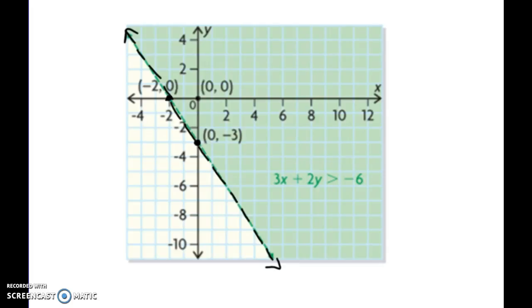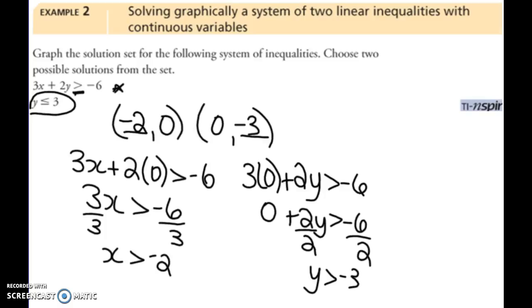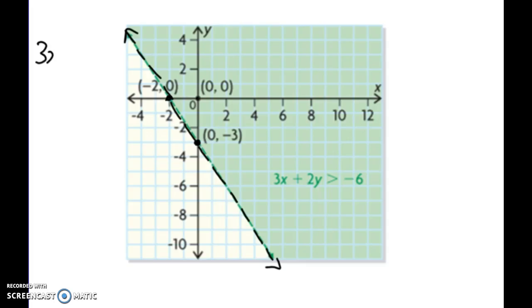Then we will try a test point. Our equation was 3x plus 2y is greater than minus 6. So what if I try my test point of 0, 0? I put 0 in for my x, and I put 0 in for my y. 0 times 3 is 0, 2 times 0 is 0.